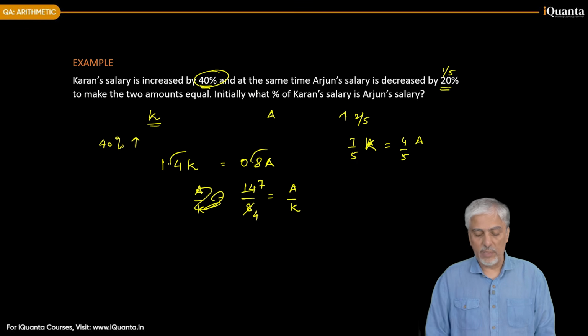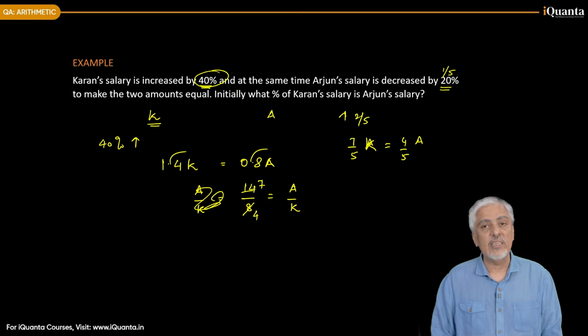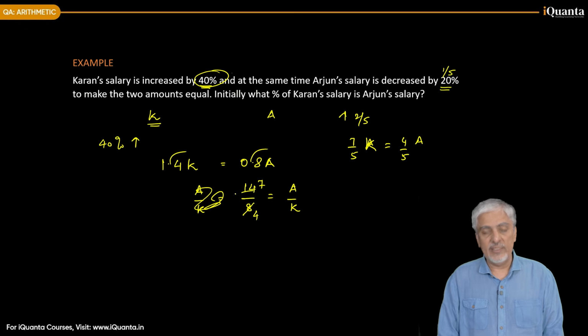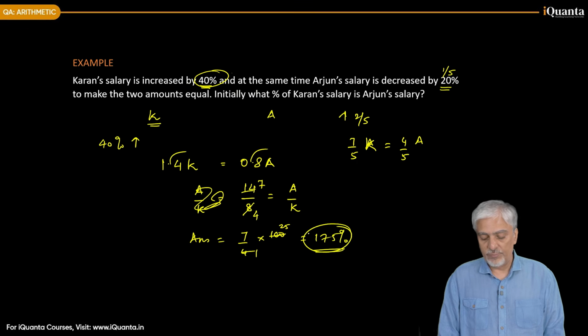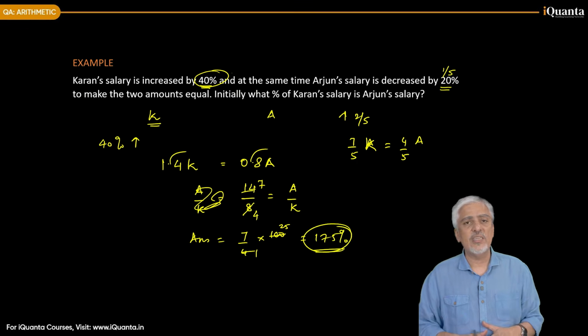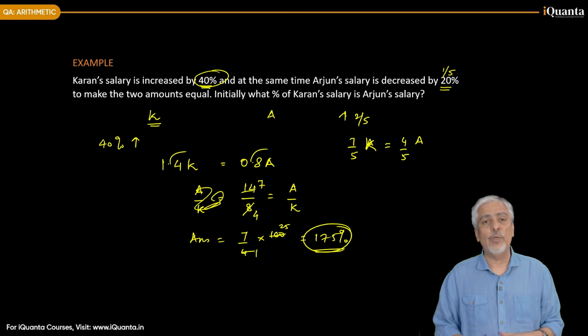Initially, Arjun is what percentage of Karan? Converting to a percentage, the answer will be 7 upon 4 into 100, which makes it 175%. There was no successive percentage change in this question, but it was just to understand some new question.